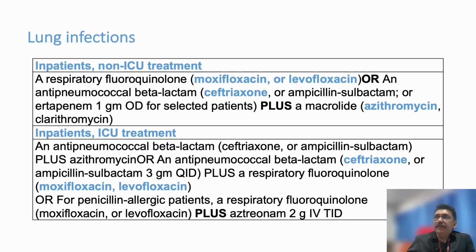So these drugs may be needed in a patient who has a damaged lung with severe lung infection. If the patient is already on a ventilator, we have to cover that type of organisms also, like cefoperazone sulbactam, piperacillin tazobactam, with MRSA coverage like vancomycin or linezolid.